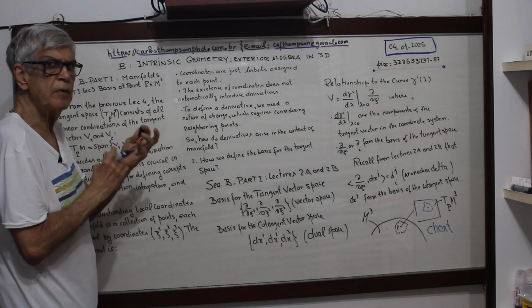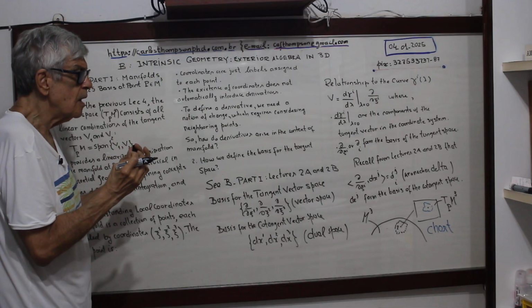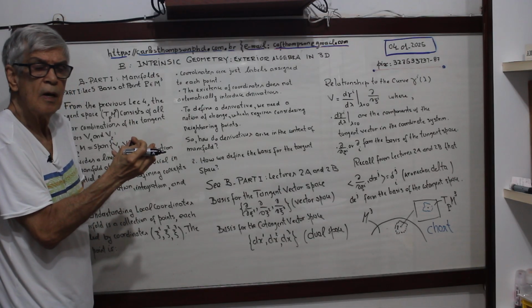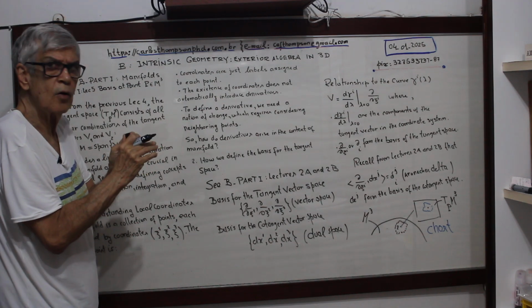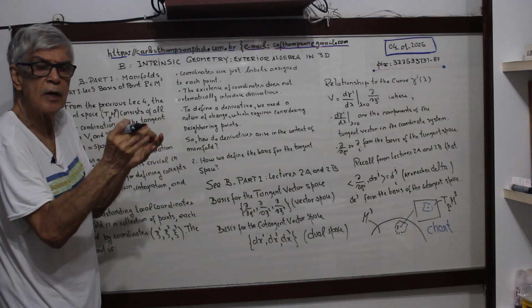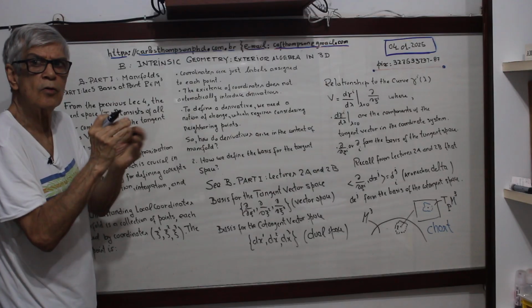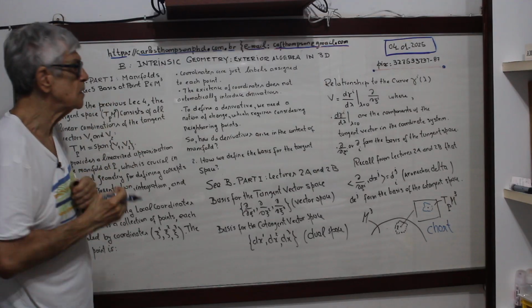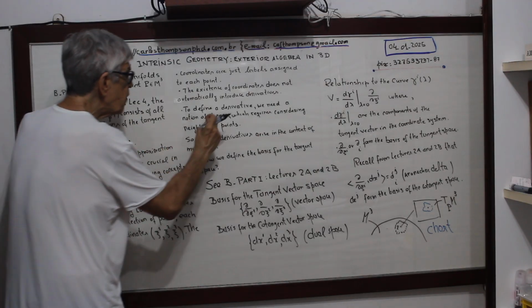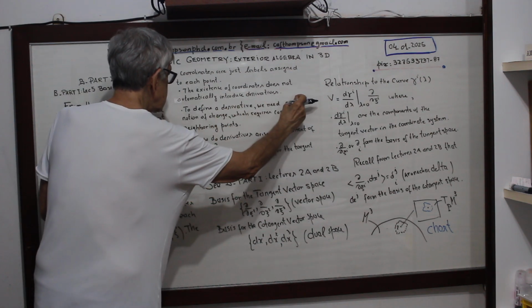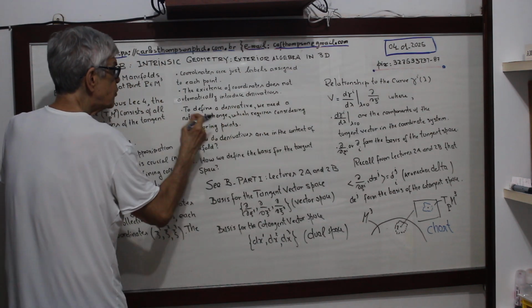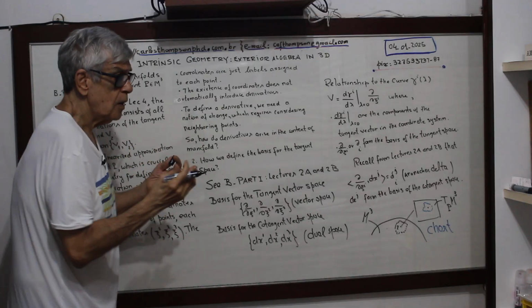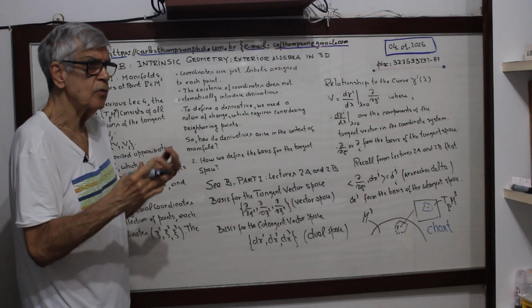I pointed out before that you just have a point. You cannot do anything when you have a neighbor point to it. There is no vector linking these 2 points, for instance. Now, to define a derivative, we need the notion of change. To find the derivative, do you remember from calculus?